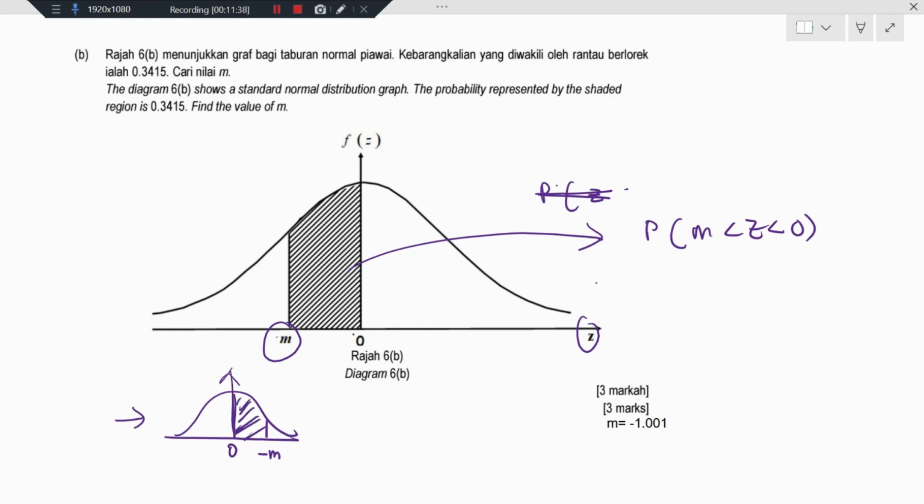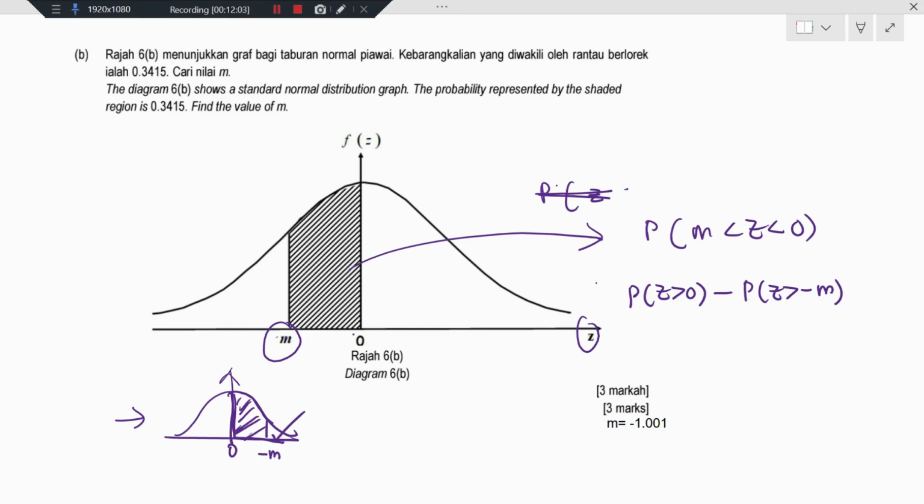Okay, never mind. What we can read from here is only this part, right? Remember this includes 0, so the whole part is 0.5. Probability z greater than 0 minus probability z greater than negative m gives your shaded region.